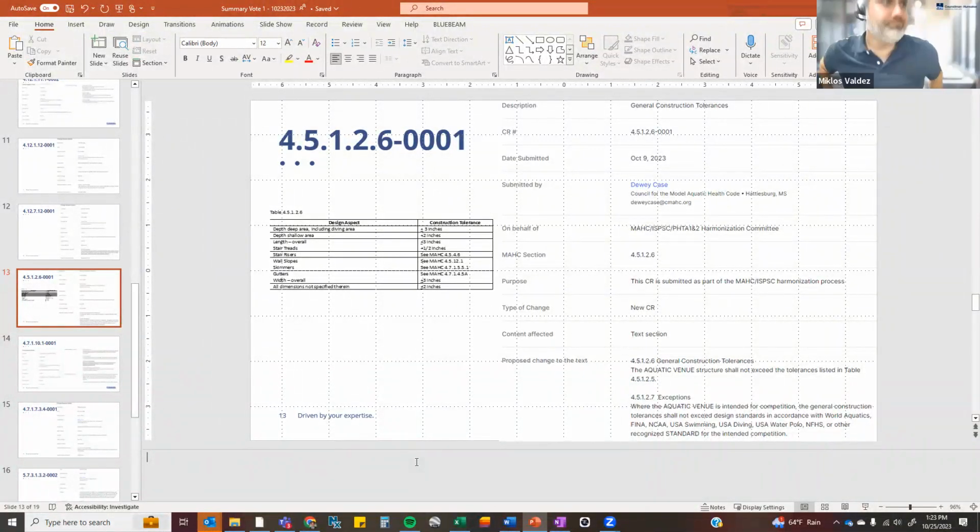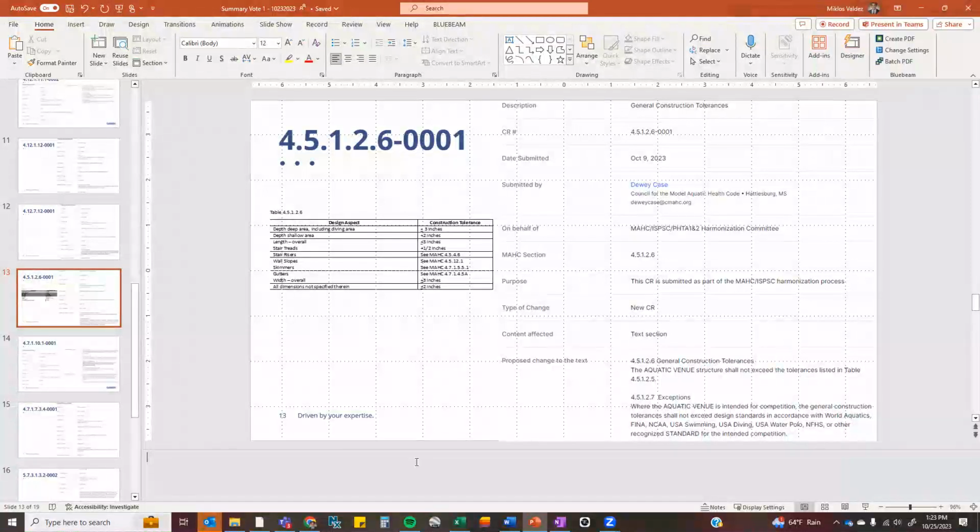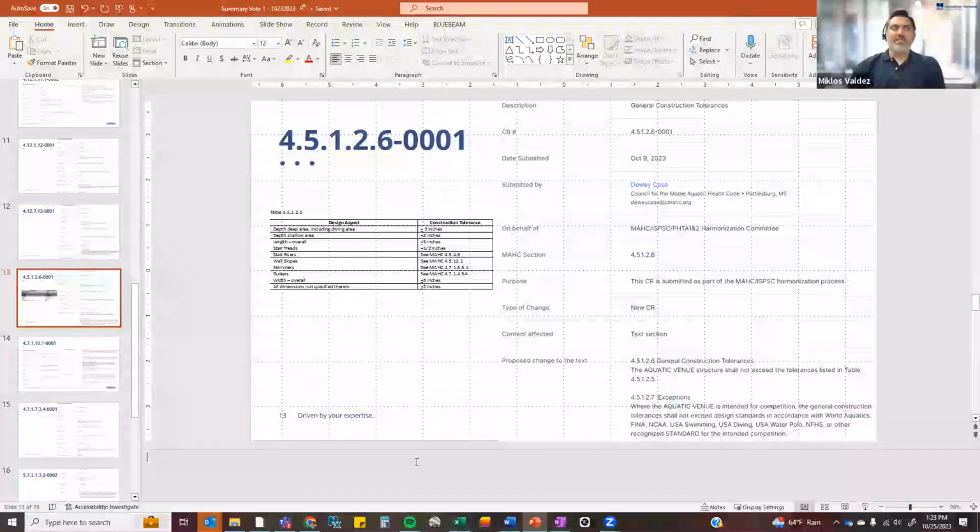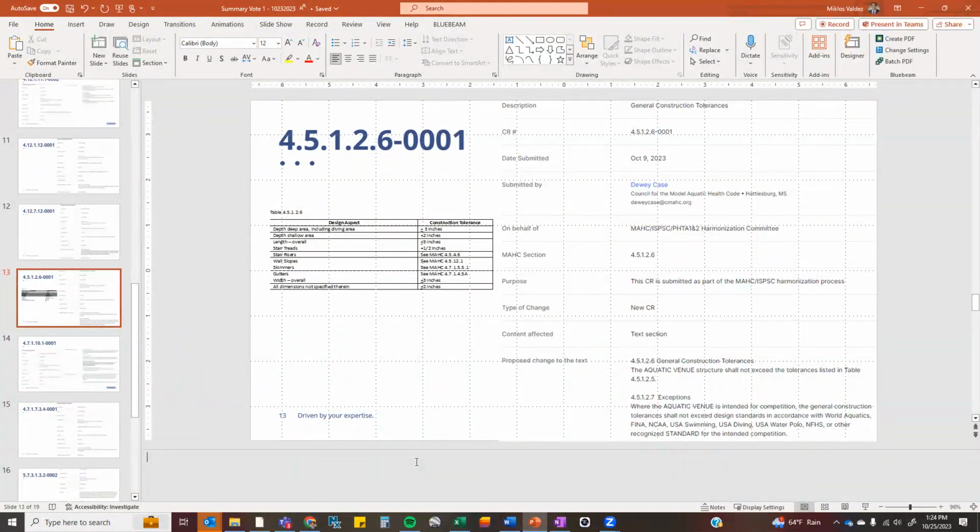So I think you have to pick one for your specific venue. And it's really not something the health department's going to care about. It's more about getting it certified for that competition. It's going to be well within the tolerances for the health department. Yeah. Okay.